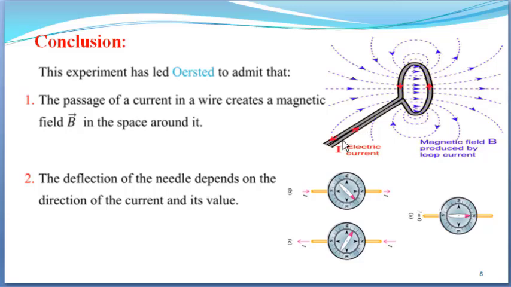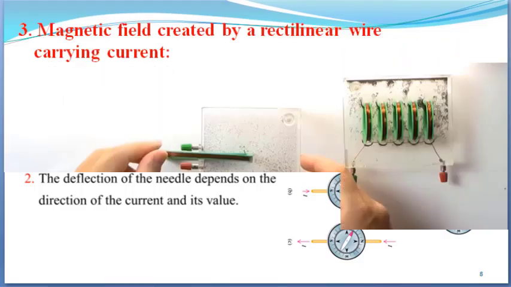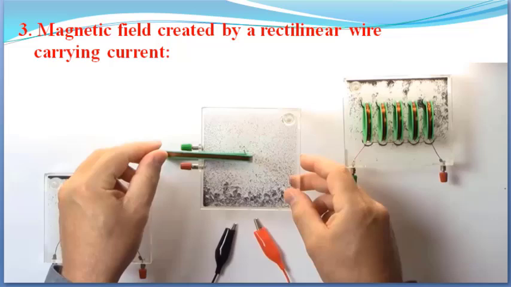The passage of a current in a wire creates a magnetic field B vector in the space around it. 2. The deflection of the needle depends on the direction of the current and its value. Look at this figure.